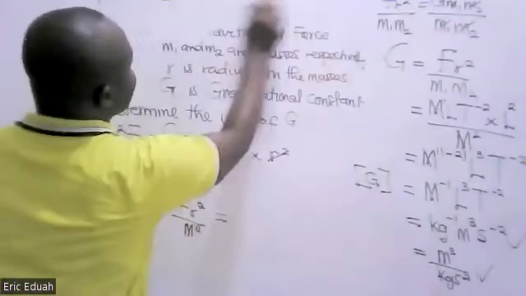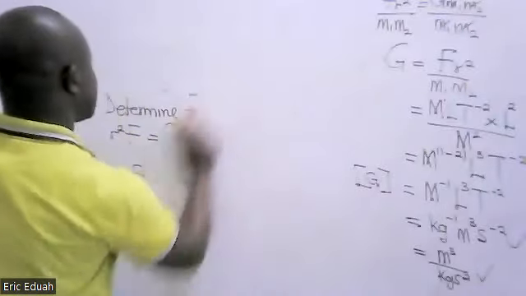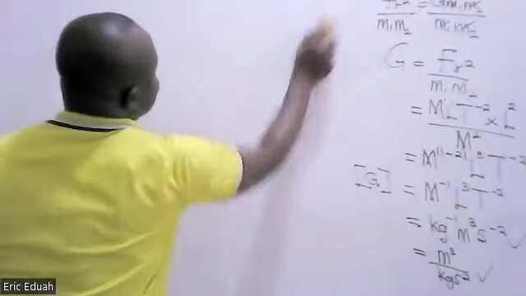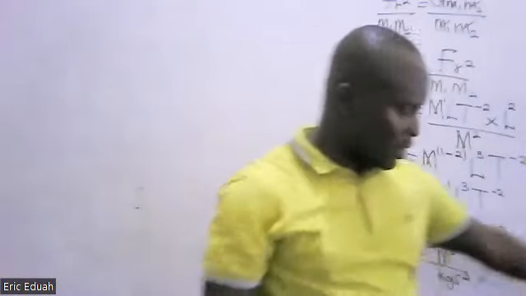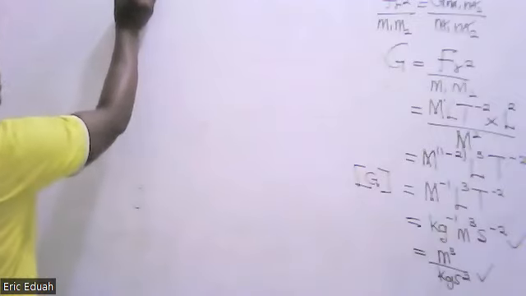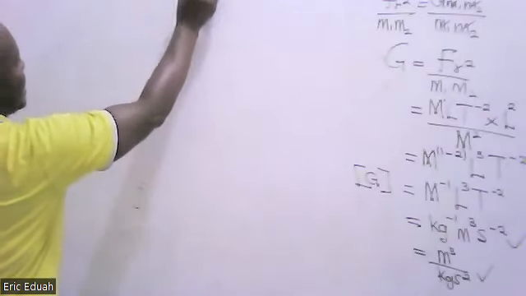The second use of dimensional analysis is that it is used to test the validity or the correctness of a given equation. I'm giving you an equation. We have this equation V is equal to U plus AT.